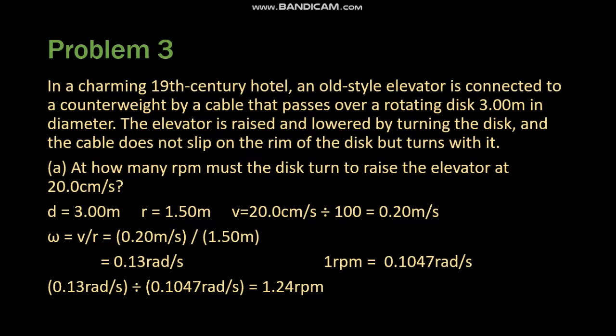Since the velocity is in centimeters, we have to convert that to meters. We divide 20 centimeters per second by 100 to get its meter form, which is 0.20 meters per second. You can also convert the radius into centimeters, or vice versa.